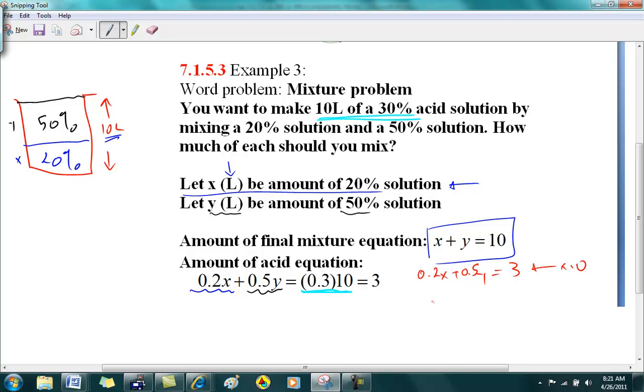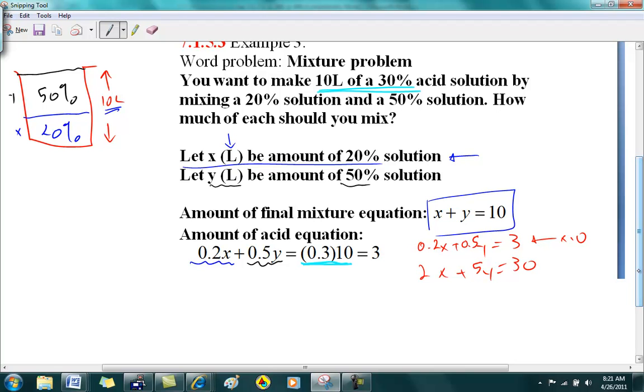So that I get rid of the decimal numbers, so I get 2x plus 5y equals 30, and we need to solve this. And let's say we go to solve this algebraically. I'm going to call this my first equation, this my second equation. I'm going to times my first equation by a negative 2, so I get negative 2x minus 2y equals negative 20. That's my third equation.